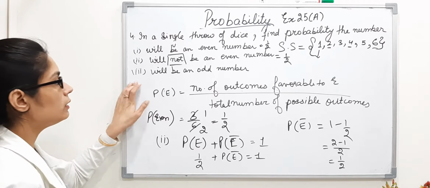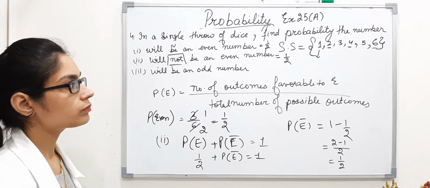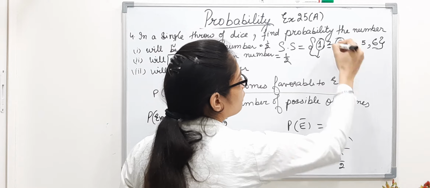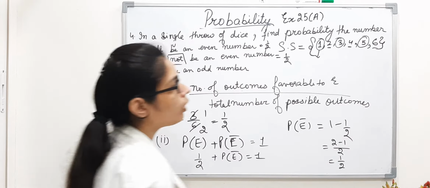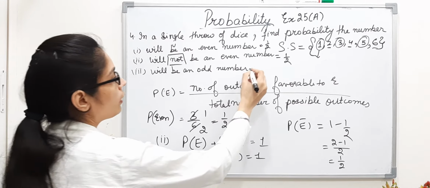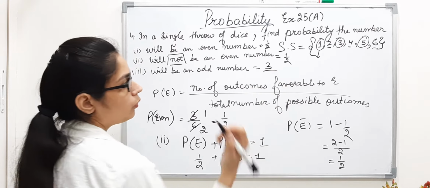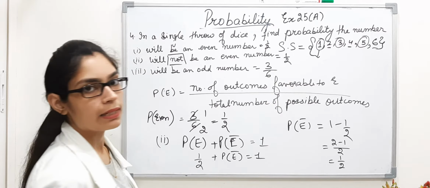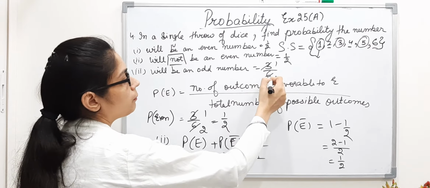Now the third part is will be an odd number. Odd numbers you can see now. This is 1, 3 and 5. So odd numbers are again 3. You can write 3, and total number of possible outcomes will remain the same, 6. So again it will be 1 by 2.